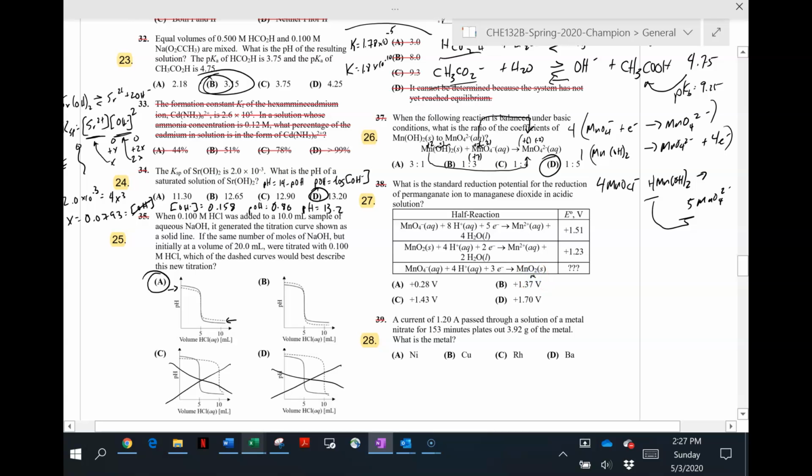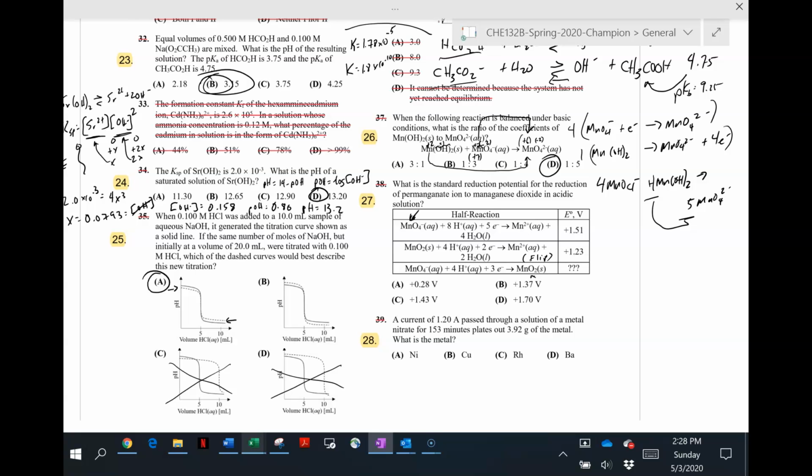And what we have to do is create a thermochemical cycle. So what we're going to do here is flip the second equation, and sum them all up.